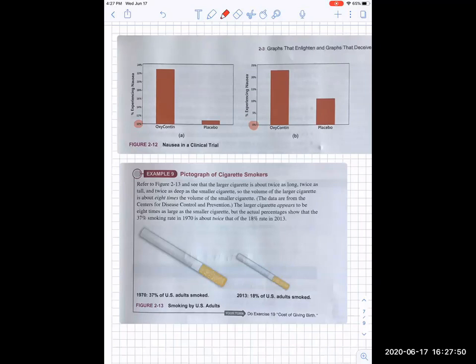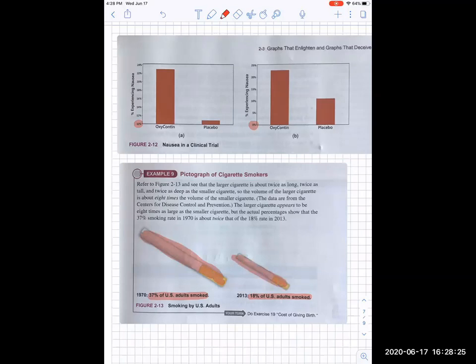Look at the percentages. In 1970, 30% of US adults smoked. In 2013, only 18%. So 37 is a little bit more than double the 18%. But if you compare the pictures, the size of the cigarette here is much, much bigger than this one here.